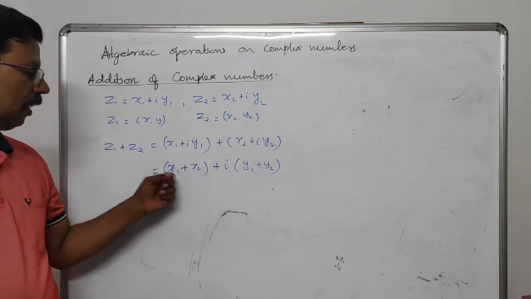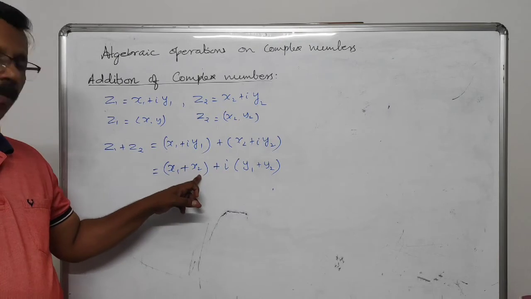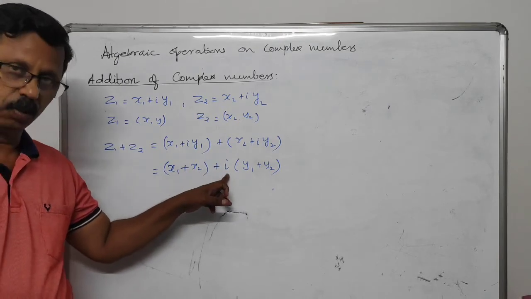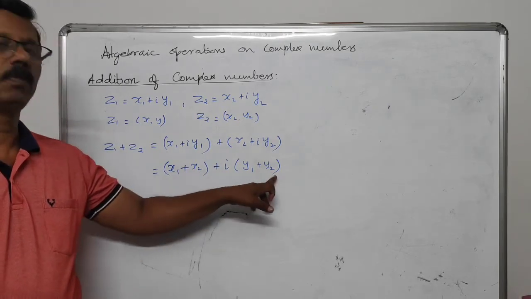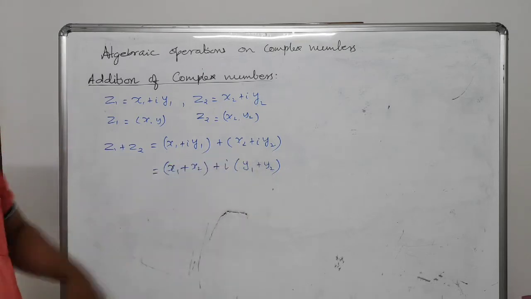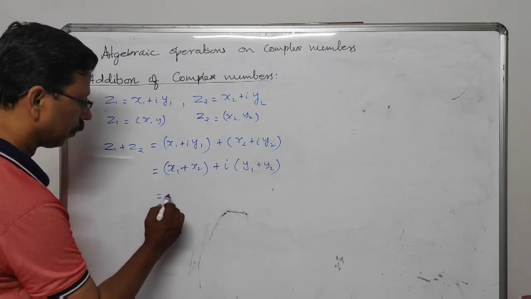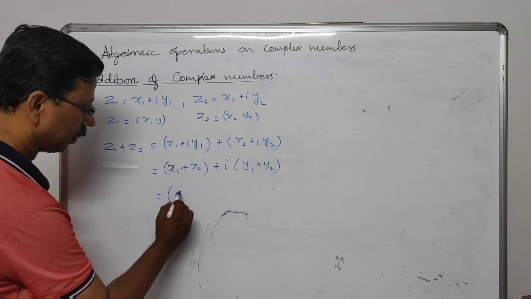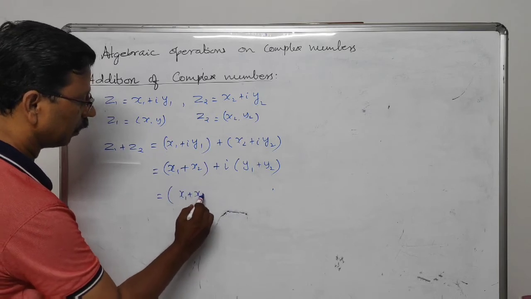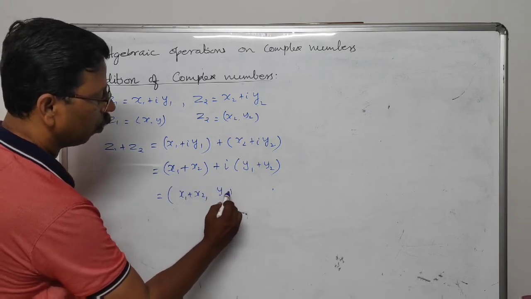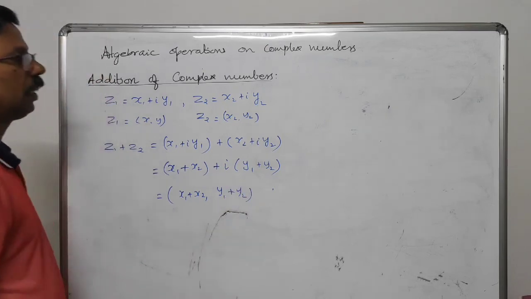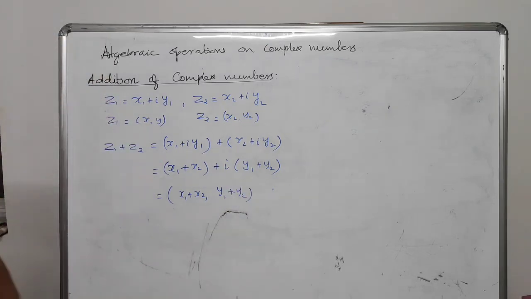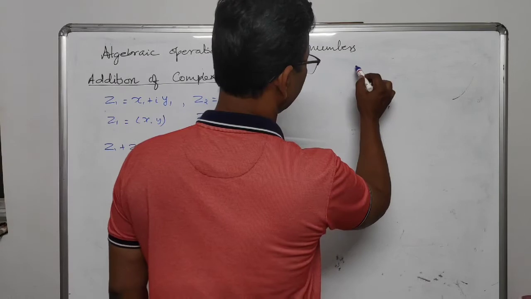How are you adding? By adding the corresponding real parts, then plus i into the sum of the corresponding imaginary parts. Likewise, you can add. Now I want to represent this as a point, that means you can write x1 plus x2 comma y1 plus y2. Now how to represent this in the Argand plane? See here.